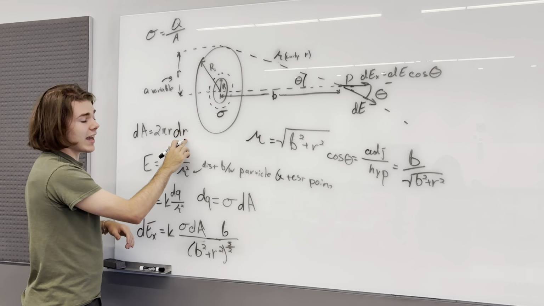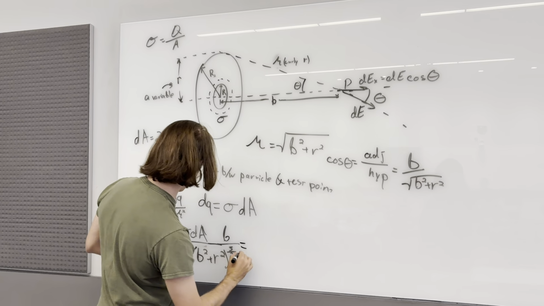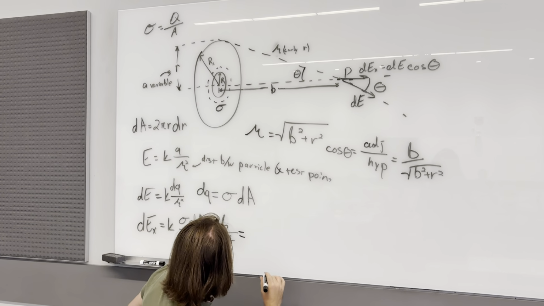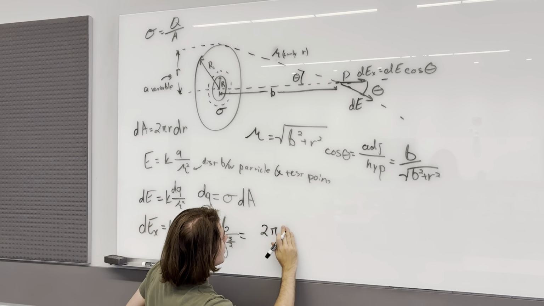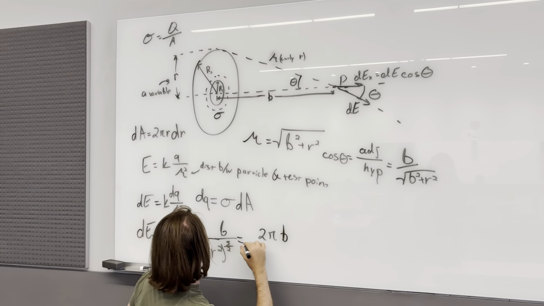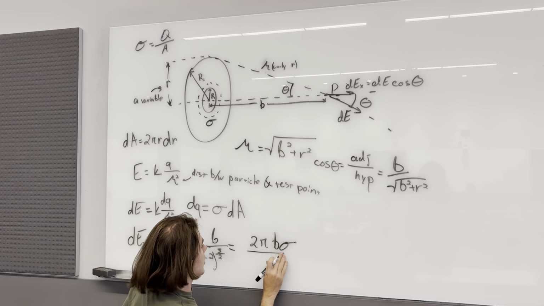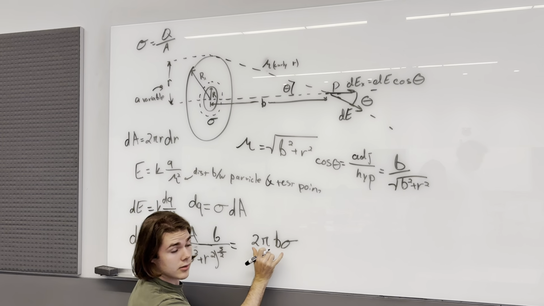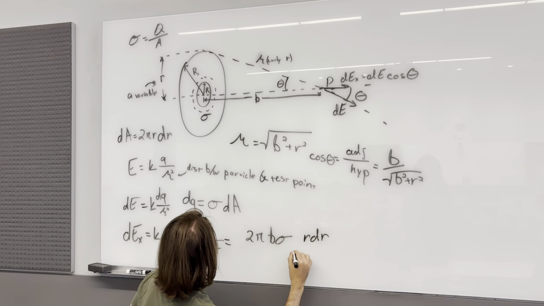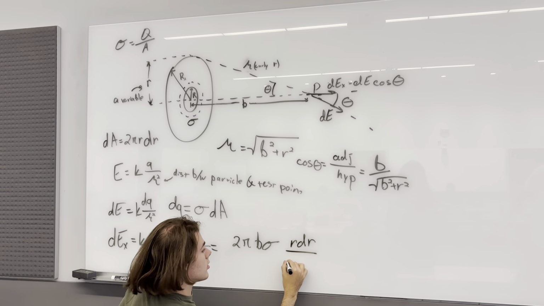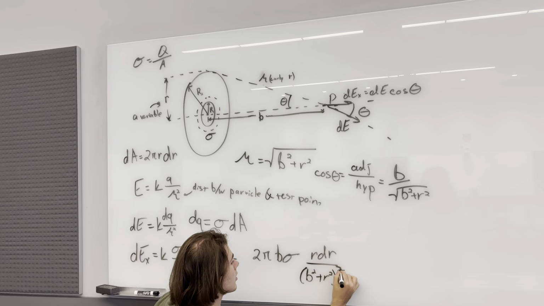So if we plug this dA, some area of some small ring, into here, we're going to get 2 pi r. I'm going to keep the variables separate: 2 pi b sigma, so that's just some constant, right? 2 pi b sigma times r over b squared plus r squared to the 3 halves.